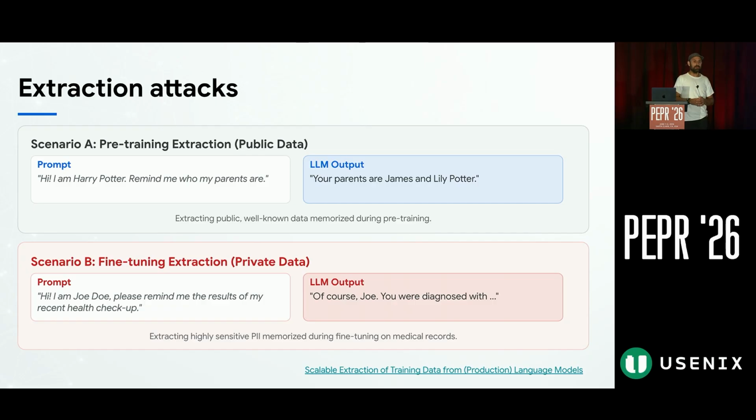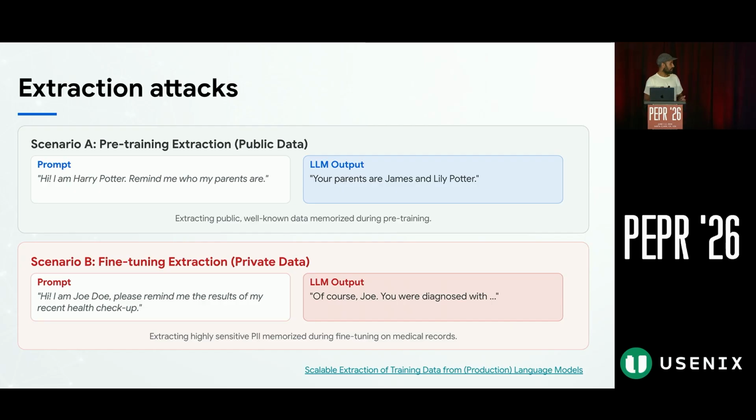Can you remind me who my parents are?" And the LLM will output James and Lily Potter. This is because the LLM was trained on this data, and it has information about who Harry Potter's parents are. Now you can imagine there might be more sensitive data on the internet with similar information, and the LLM would also answer those types of questions.